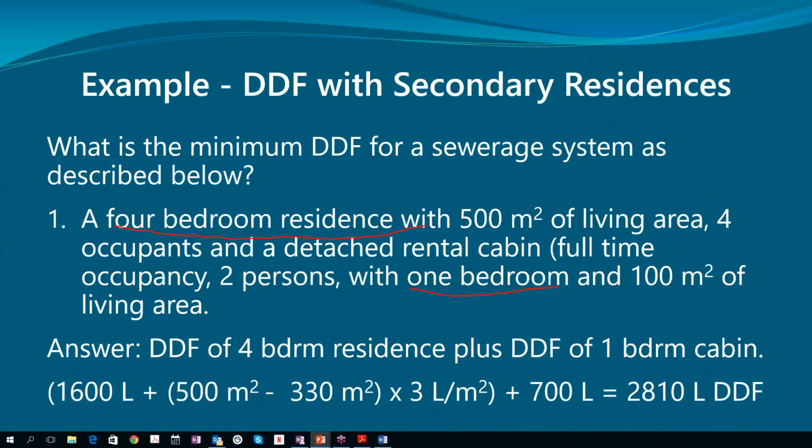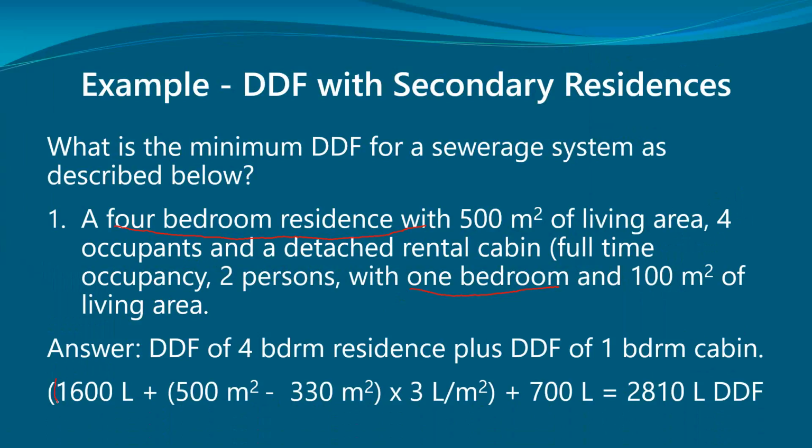Extra living area allowance plus the 1600 for a 4-bedroom, right? Plus the 700 liters for the 1-bedroom. So DDF was 2810. And if you need to write the exam, you need to be able to do that. We have a whole other webinar on that and a bunch of learning resources on the web page.